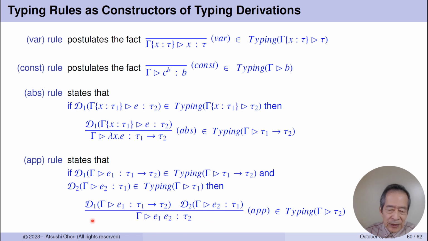You get a bigger typing derivation tree, and this tree is in this set. So the APP rule acts as a constructor taking two trees and generating one bigger tree and adding it to this set. So this is the interpretation of typing rules as constructors of typing derivations.